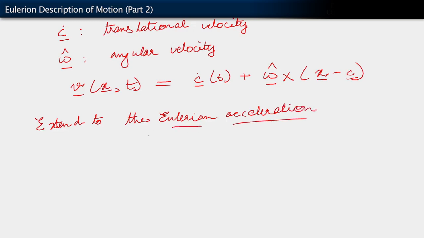We will start out by recalling that when we talked about the Eulerian acceleration, we said it is equal to the Lagrangian acceleration. Okay? The idea is that the acceleration of the body is the acceleration of the body. It's just a question of whether we choose to parameterize that motion by the reference position or by the spatial or current position.